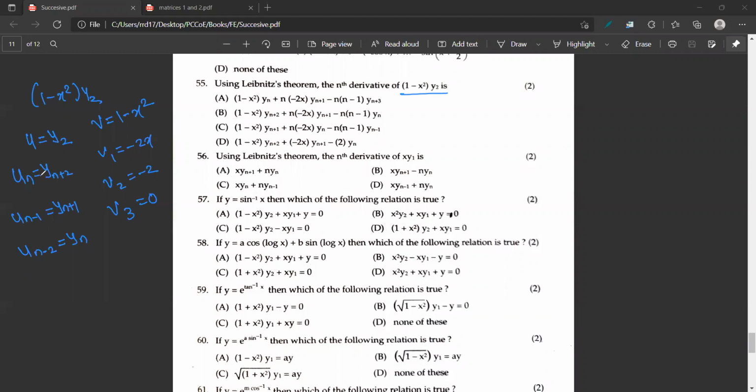Y2 is already the second derivative, and you are taking the nth derivative of it, so it will be the n plus 2 derivative, right? Now you just have to do the multiplication. So what you get is 1 minus x square into y_(n+2), then plus minus 2x into y_(n+1), plus the y_n term. So the answer is B. Got it?